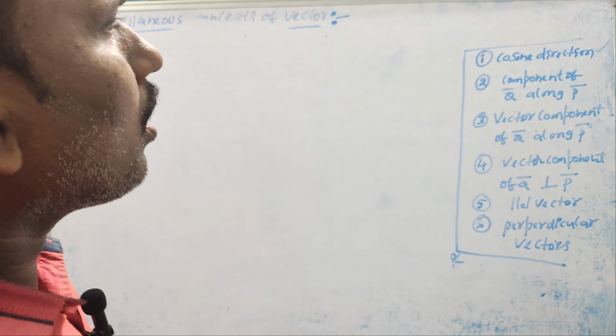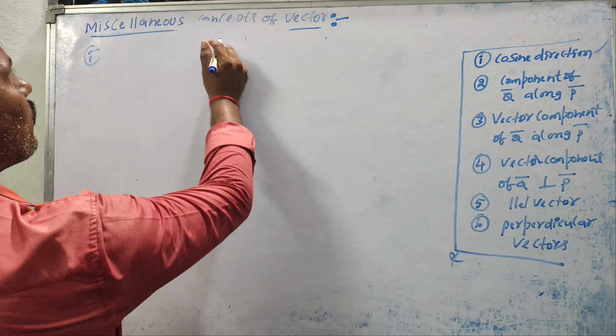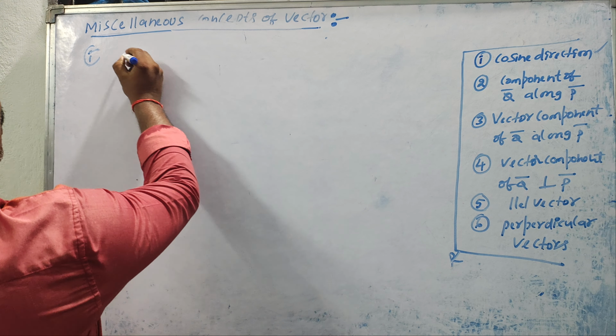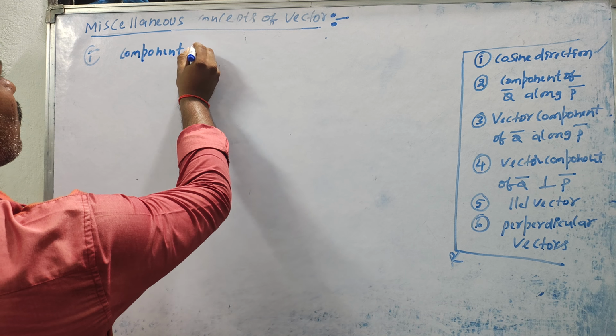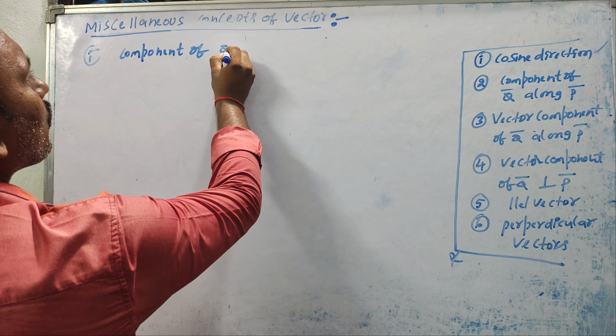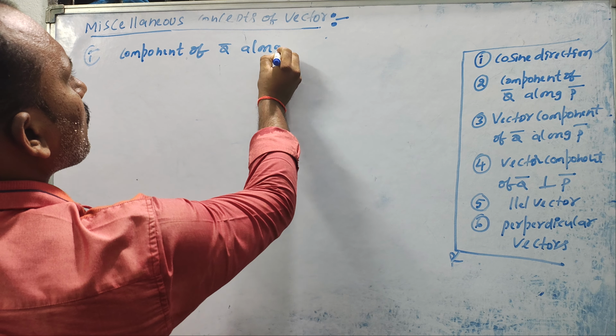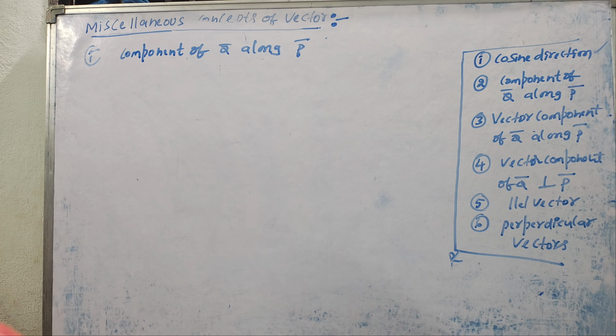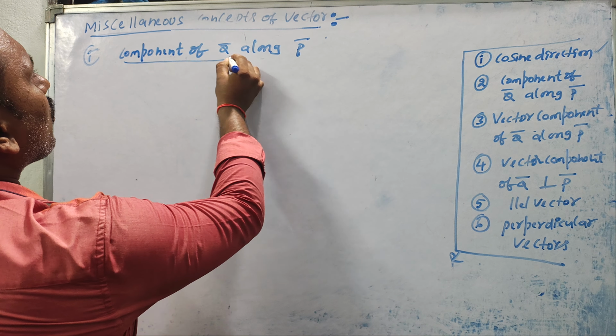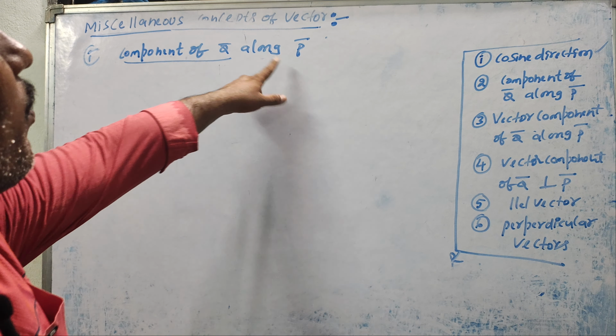Component of q bar along p bar. This is a very important model. When you are dealing with this, I want the component of q bar along p bar.